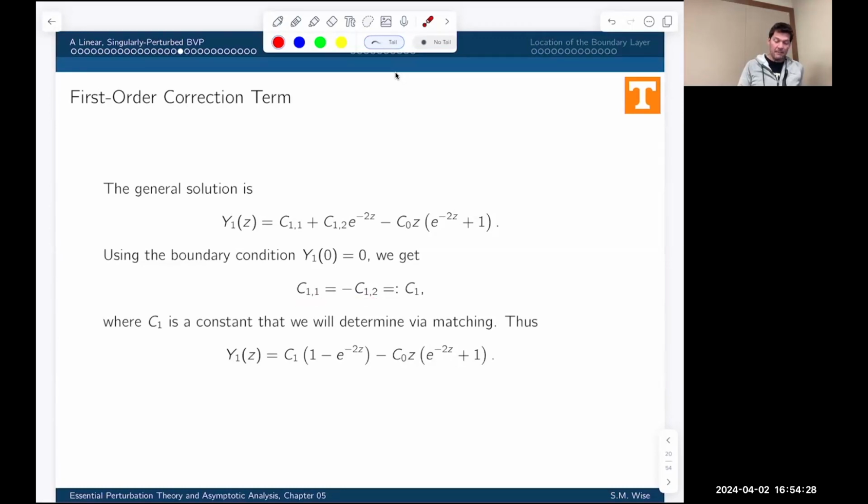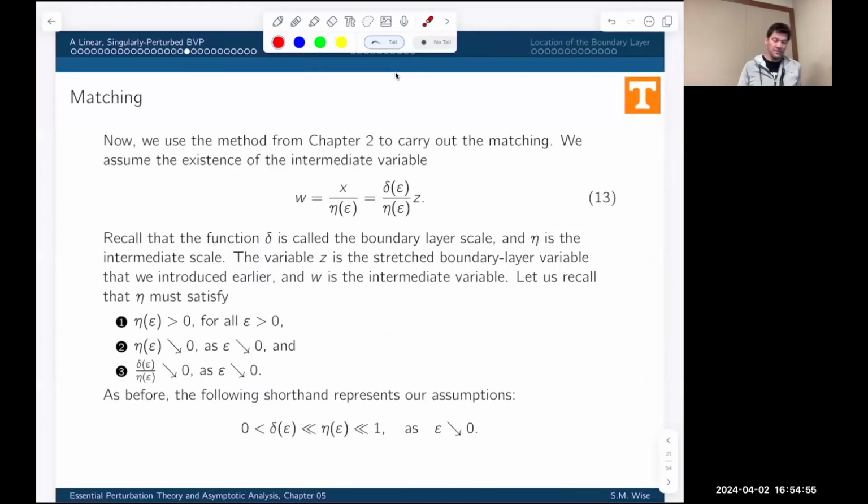And I'm going to call that minus second equal to C1, just with one subscript. So here's now the general solution for my first order correction y1. Any questions about that? So I have two coefficients, C1 and C0, that have to be determined. And the only way that I can possibly determine these is via matching. So let's do some matching.